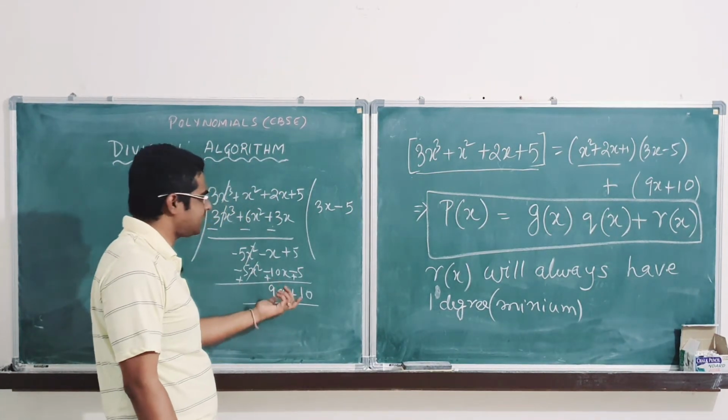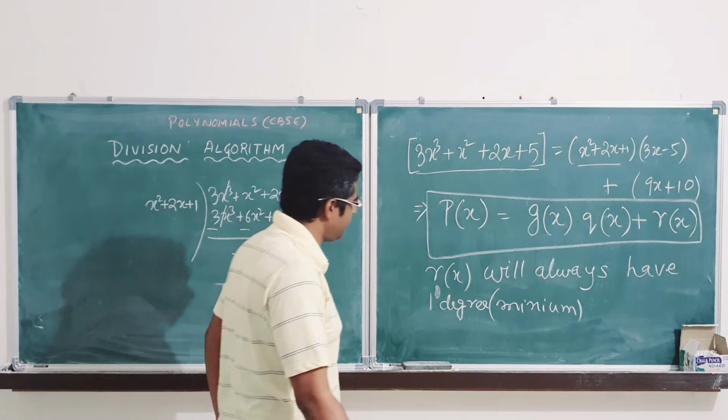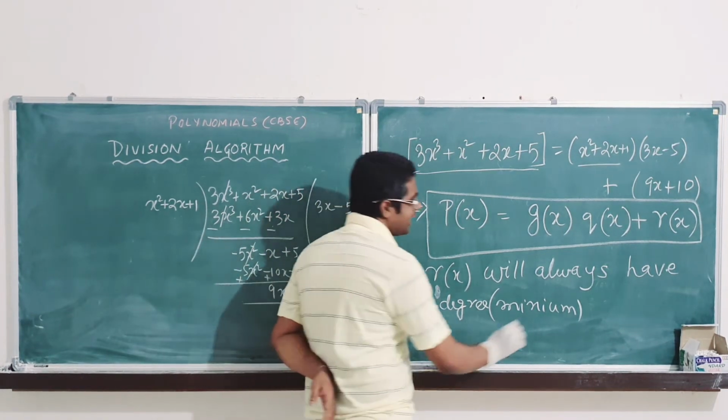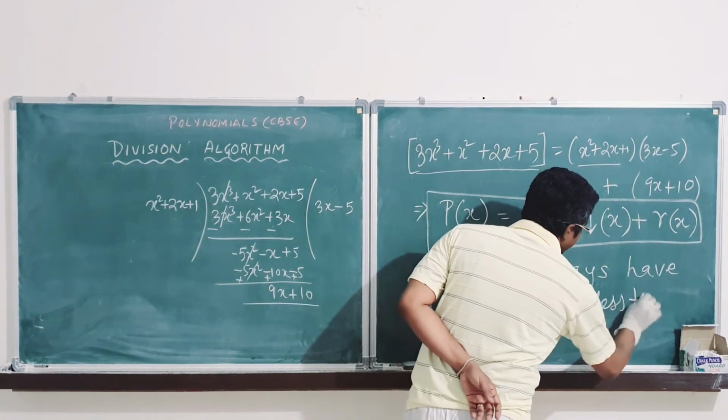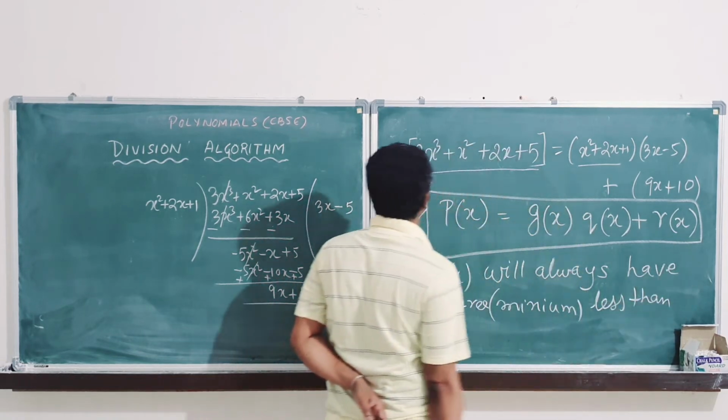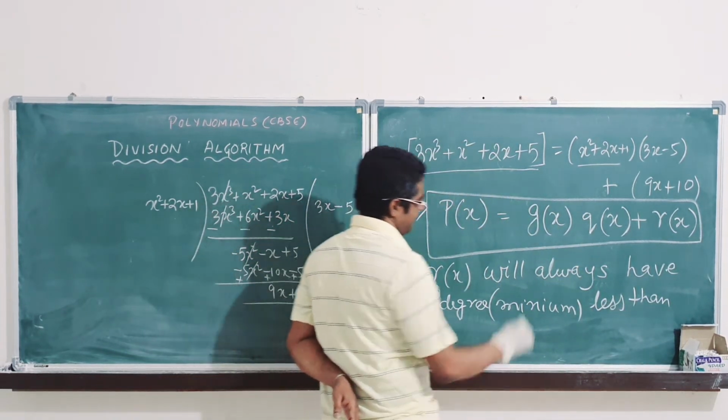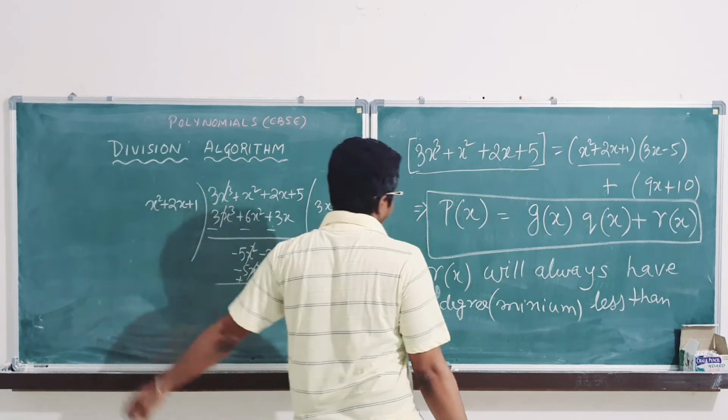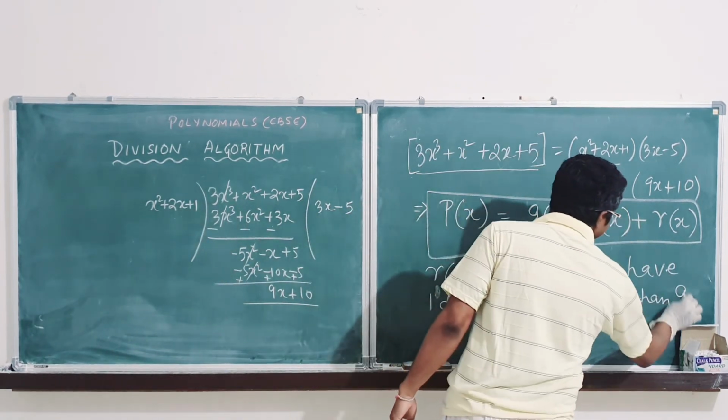In that case r(x) will be 0, right? The remainder will be 0. Otherwise its degree will be at least 1 less than your divisor, that is g(x).